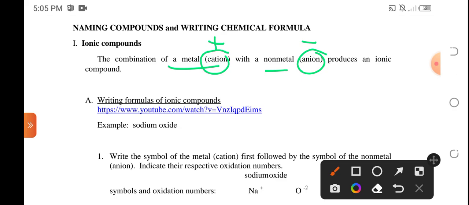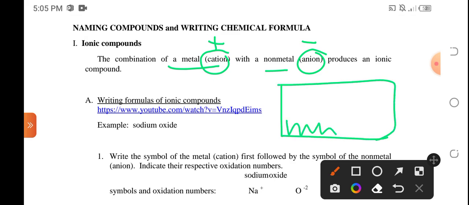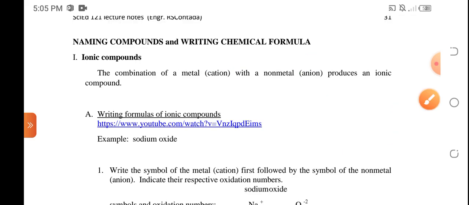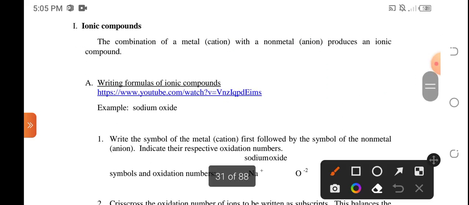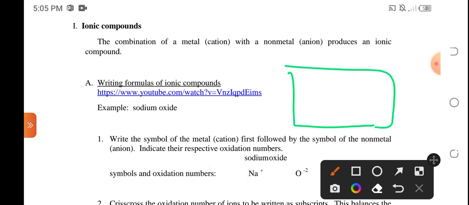Makikita sa periodic table natin, it's either sa baba ng periodic table. So kung ito yung periodic table natin, usually nakasulat dito yung mga cations, anions, okay? So dito sa baba, tignan niyo yung mga periodic table niyo, may mga cations, list of cations and anions diyan sa baba.